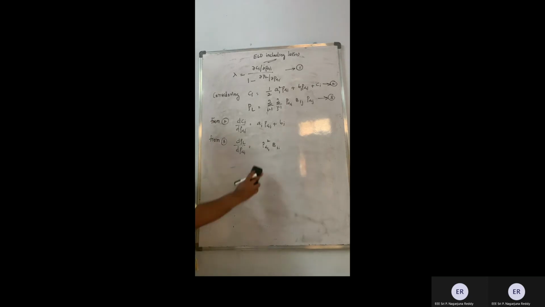For your easy understanding, let's consider a two-plant system. As already discussed, PL is equal to B11 P1 square plus 2B12 P1 P2 plus B22 P2 square.